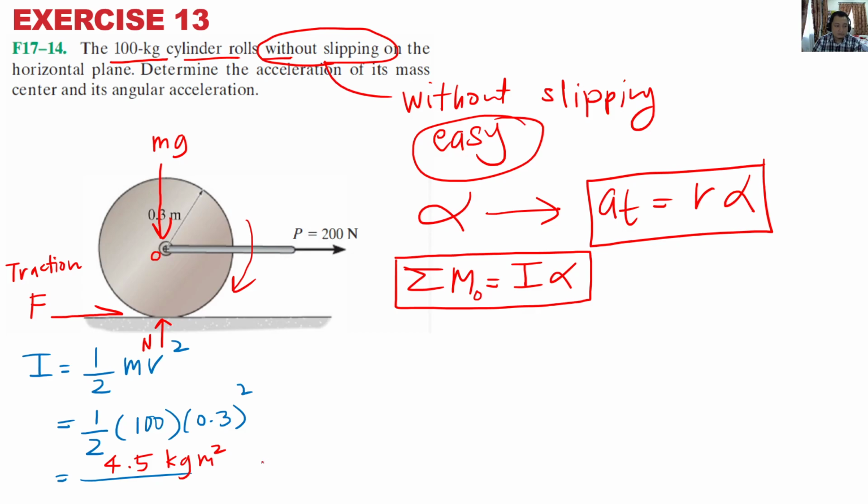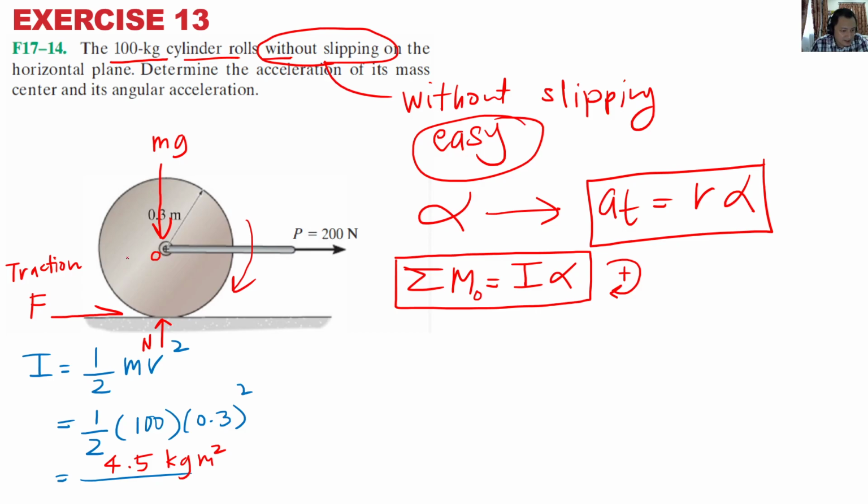So you've got 200. It's rotating this way, so let's take this direction as positive.